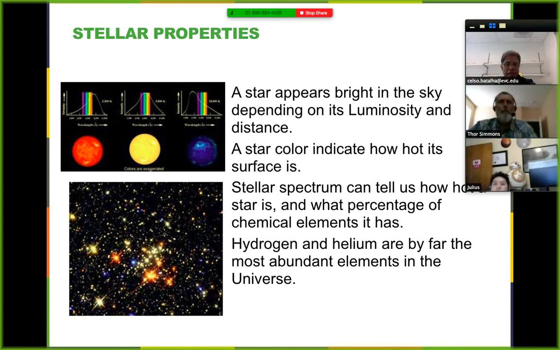And in general, what we found, and that was found in the 1800s, is that most of the stars are hydrogen and helium, which means if we take all the stuff the universe is made of, not including dark matter, not including exotic things like dark energy, but material that we see and we can account for, most of it is hydrogen and helium primarily. Stars are 75% hydrogen and 25% helium, basically.